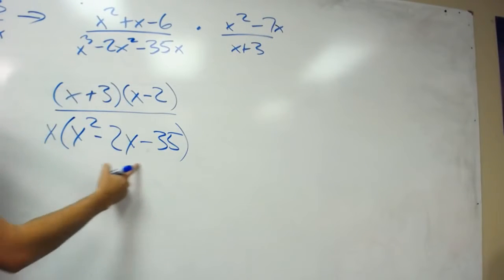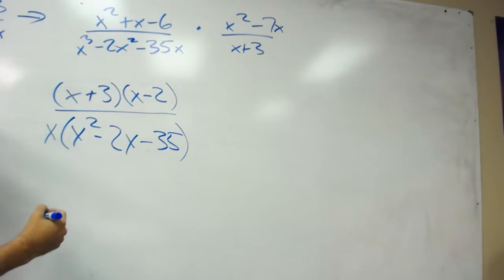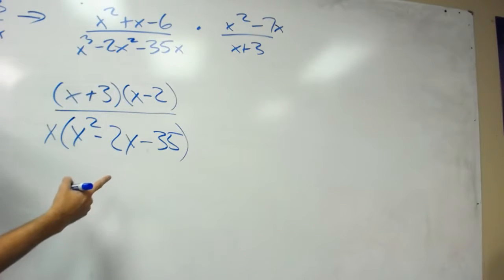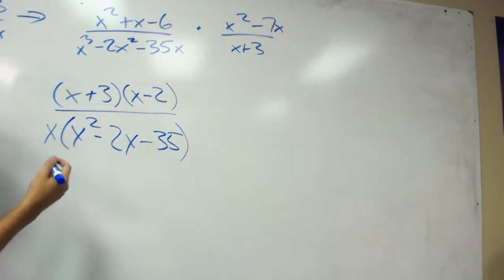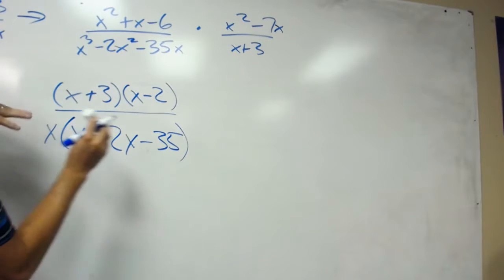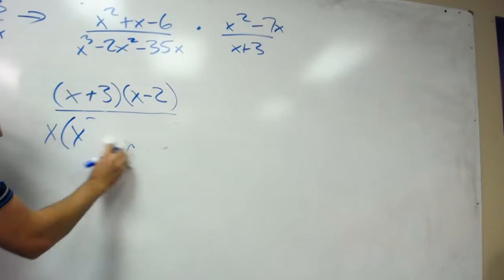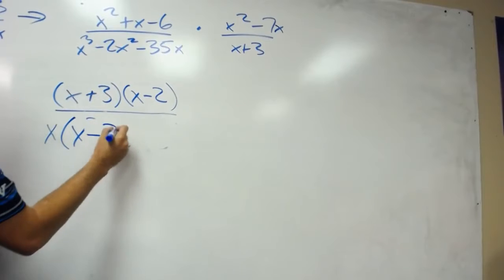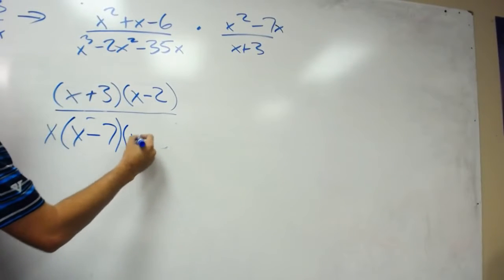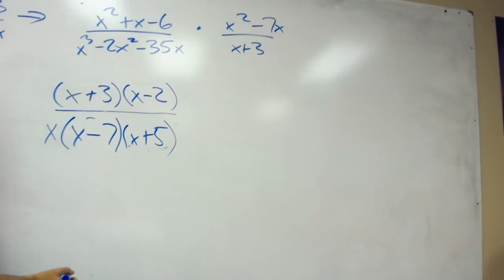And now we have something we can factor right here. What multiplies to be negative 35 and adds up to be negative 2? That would be negative 7 and positive 5. So I'm going to go ahead and rewrite that here: x minus 7, and then x plus 5.